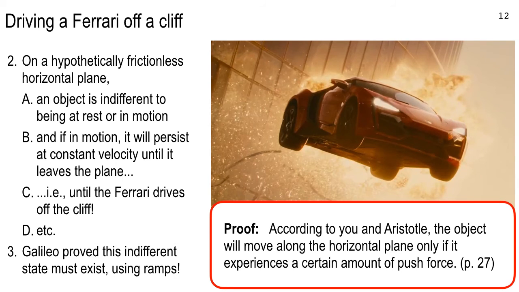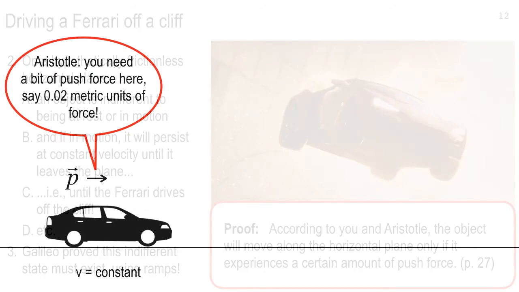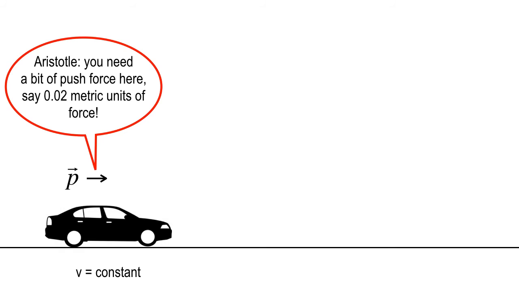All right, so let's make a sketch of this now. Here's what Aristotle would say. Here's the hypothetical plane and a little car. And note down here at the bottom of the diagram, I say v equals constant. So it's constant speed. And Aristotle is saying, yeah, there's going to be a little bit of push force.